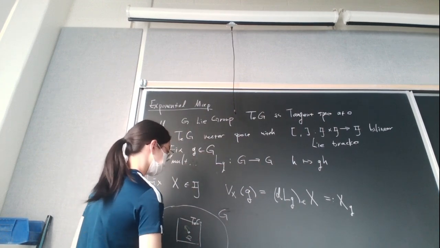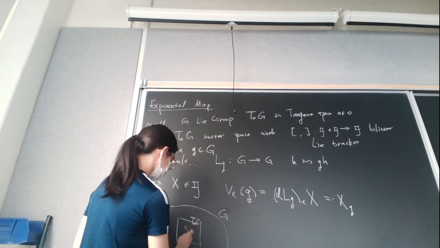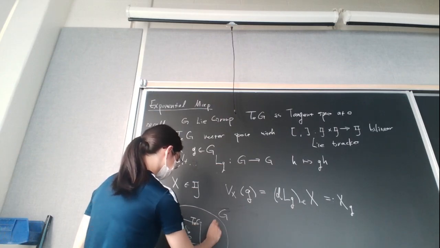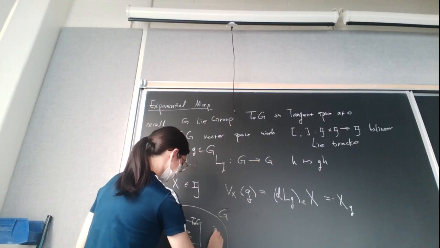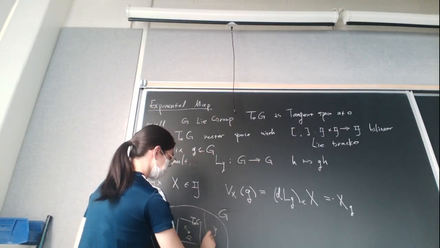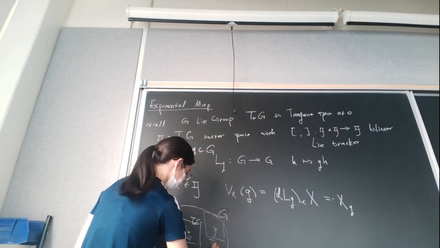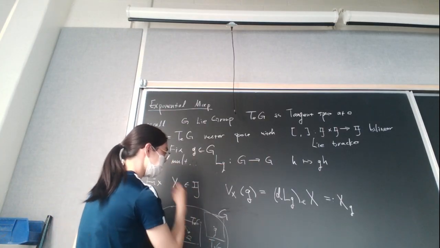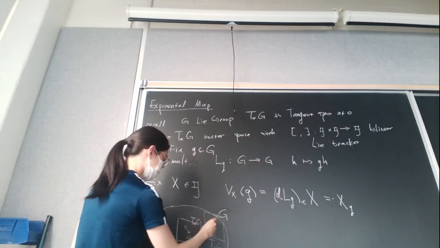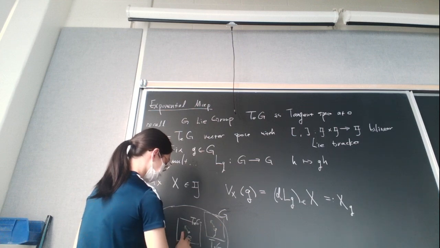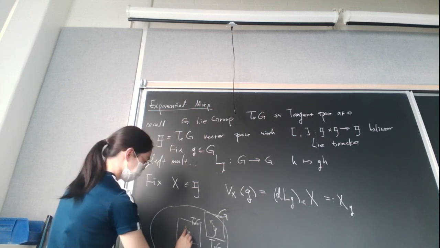And basically, let's say this is a vector. This is another point g. And this is the tangent space at g. And we're basically sending vectors.